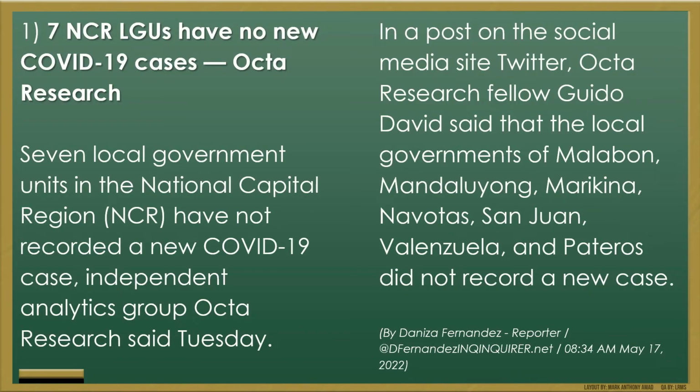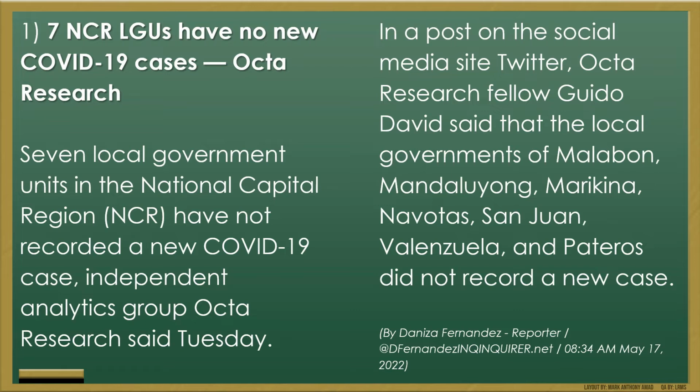Number 1. 7 NCR LGUs have no new COVID-19 cases. Okta Research. 7 local government units in the National Capital Region, NCR, have not recorded a new COVID-19 case, Independent Analytics Group Okta Research said Tuesday.